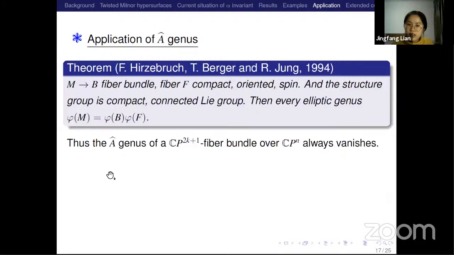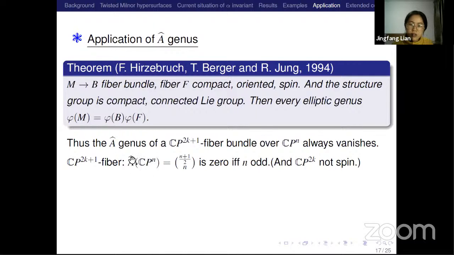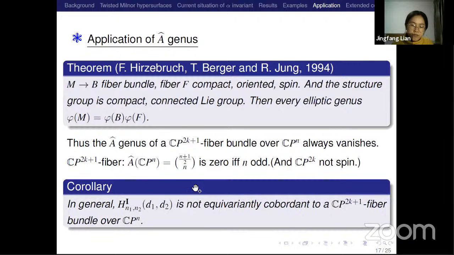Since the A genus is also an elliptic genus, the A genus of any odd dimension projective space fiber bundle over projective space always vanishes, since the A genus of projective space is zero if and only if n is odd. And by the way, even if the dimension is even, it is not a spin manifold. So combined with the result of Hirzebruch, Berger, and Jung, we get that in general the twisted muon half surface is not equivalently cobordant to an odd dimension projective space fiber bundle over projective space.